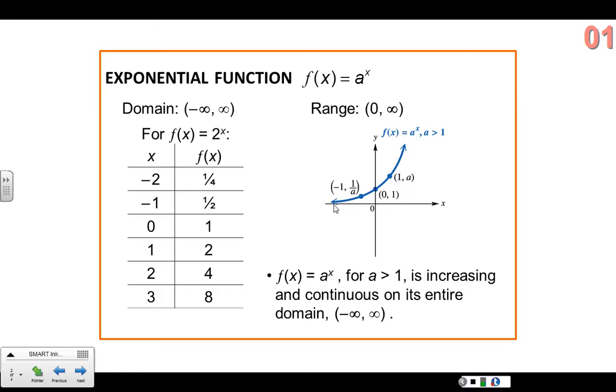Plotting those points, this is the basic shape of an exponential function. It grows and increases. For f of x equals a to the x, if a is a number greater than 1, it is increasing and continuous on its entire domain.